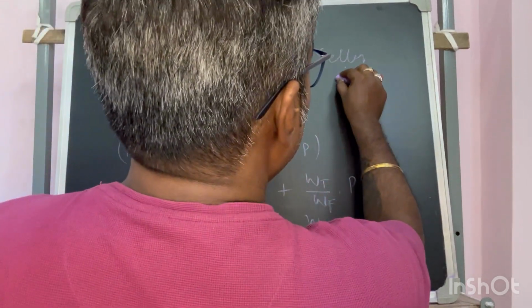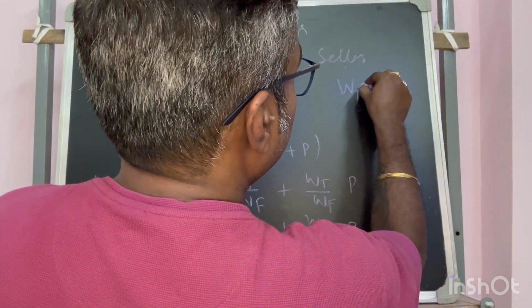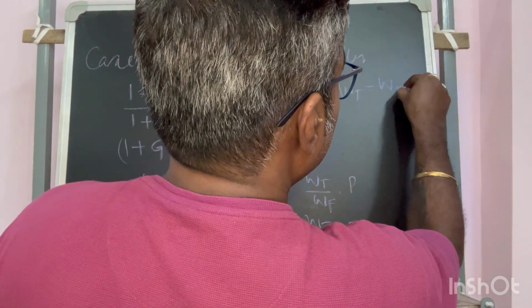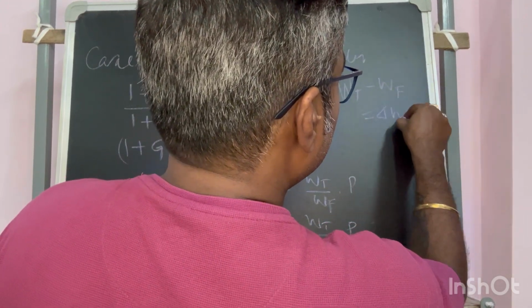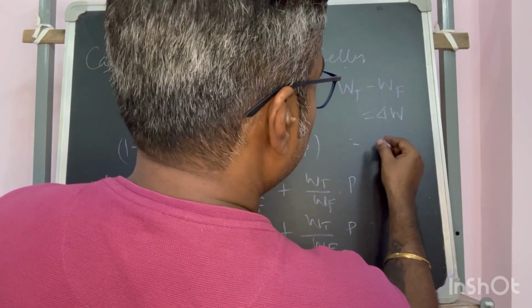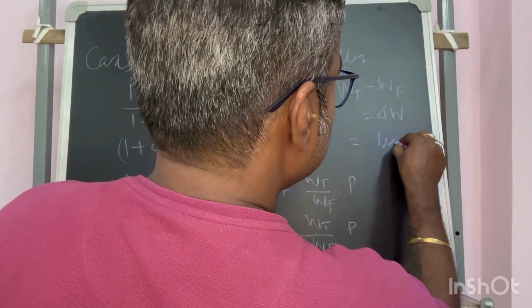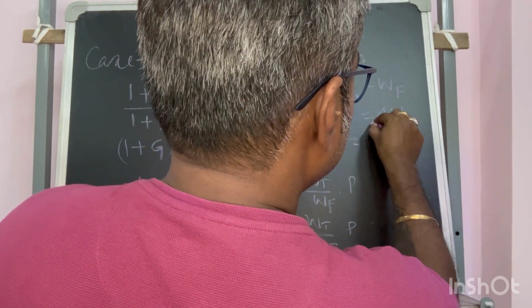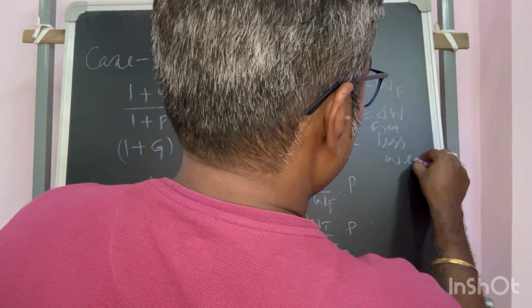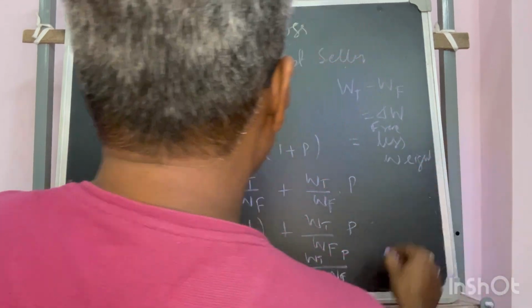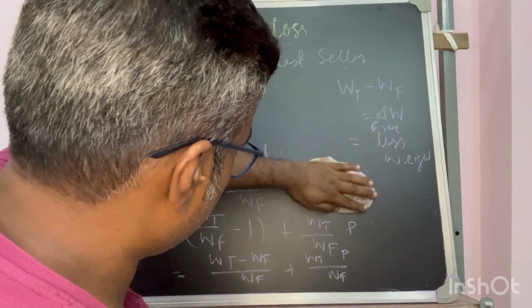Okay, now you can understand WT, true weight, minus WF. This is the deflection in weight. That means you can write it as the less weight, fraction less weight. Okay, so now bring this equation to the top.